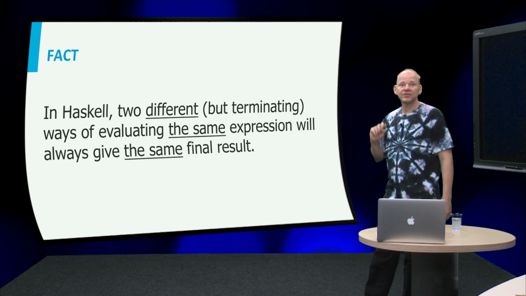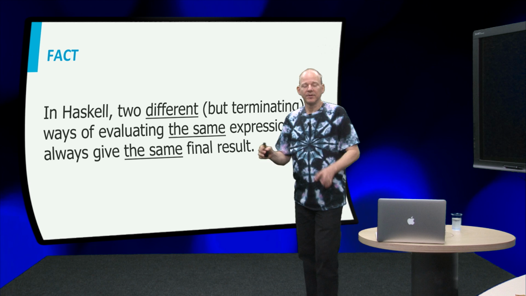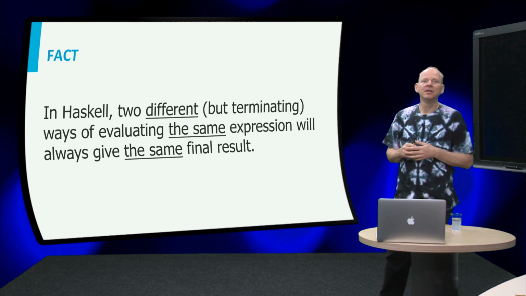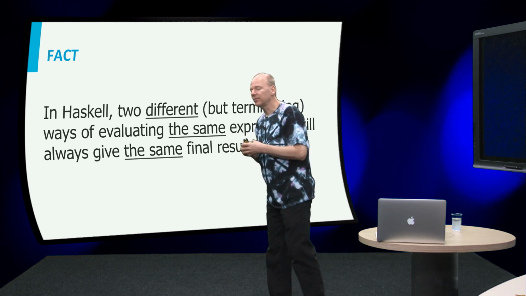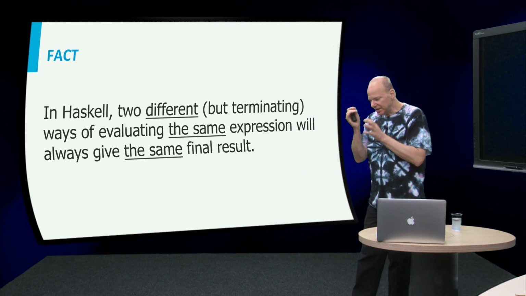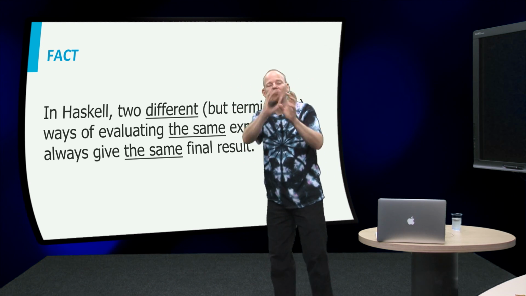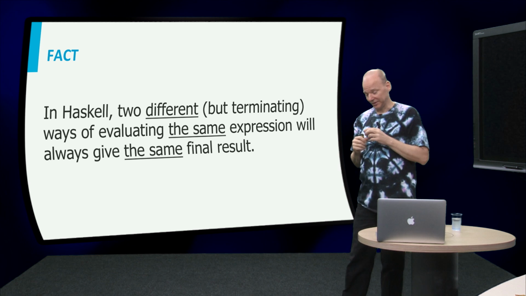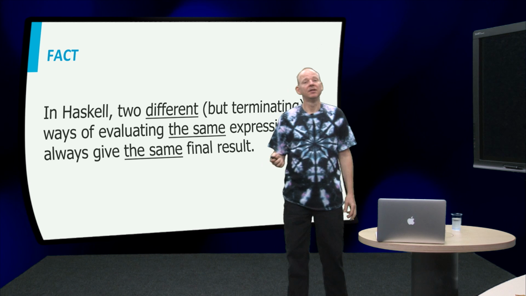So that's a fact about Haskell, that if there are two different ways that both terminate to evaluate the same expression, then these will always give the same final result. And that makes it also easy to refactor Haskell programs, because you can always substitute and massage things independent of where they appear. And that's because of this property.